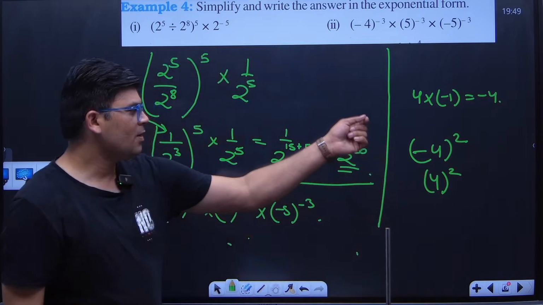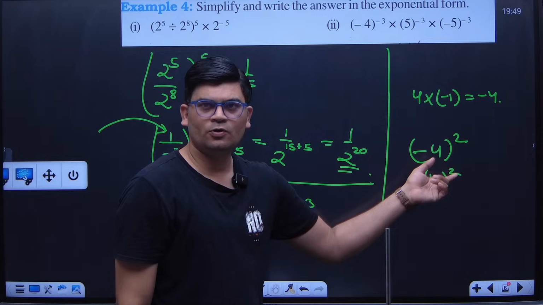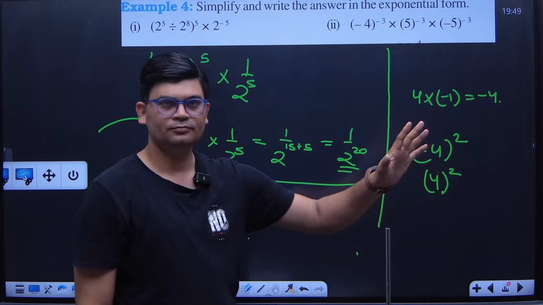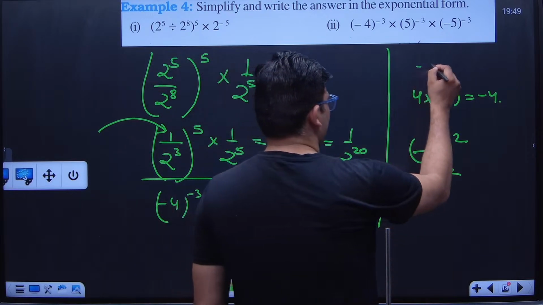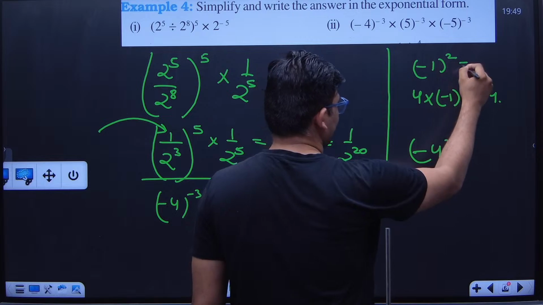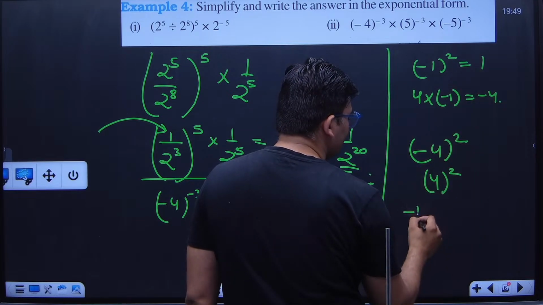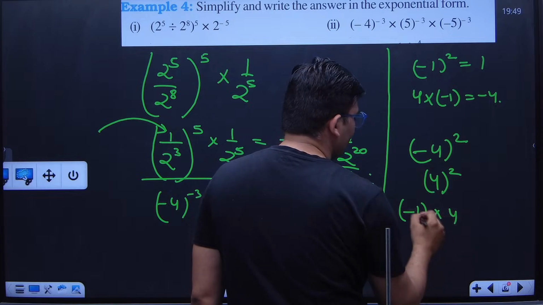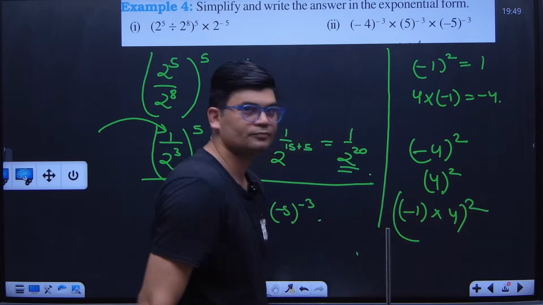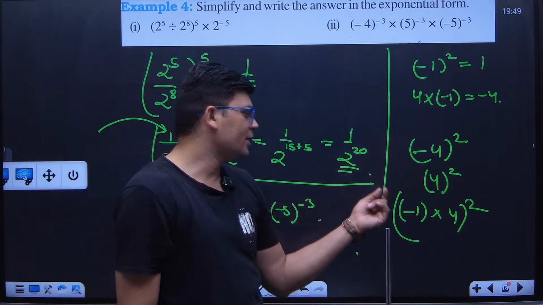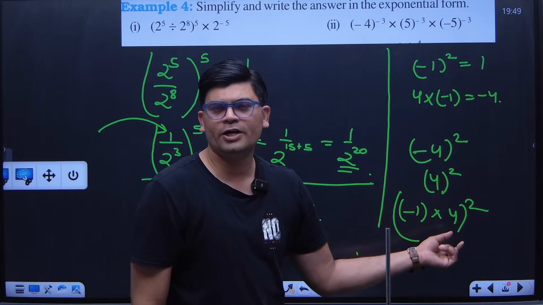So minus 4 to the power 2 and 4 to the power 2 are both the same, because minus 1 to the power 2 is as good as 1. Minus 4 can be written as minus 1 into 4 raised to the power 2.